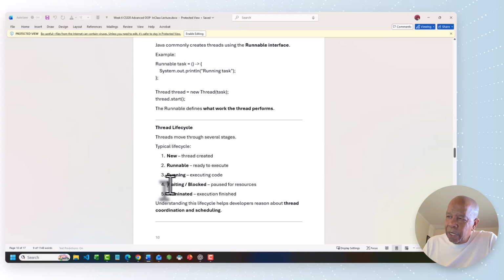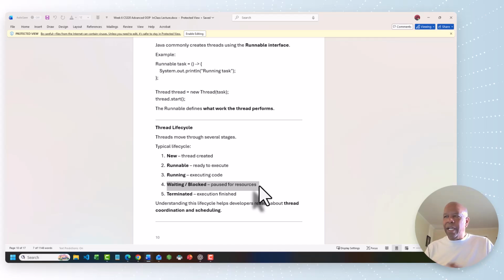This is one of the main reasons why a particular thread may not run in sequence. I can start thread one, start thread two. My expectation is one will run before two, but I start thread one, it gets stopped. It's waiting or blocked for something, so thread two goes ahead and executes. Then we come back to thread one.